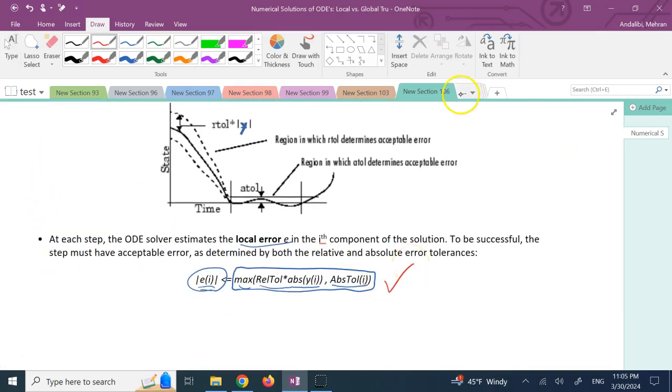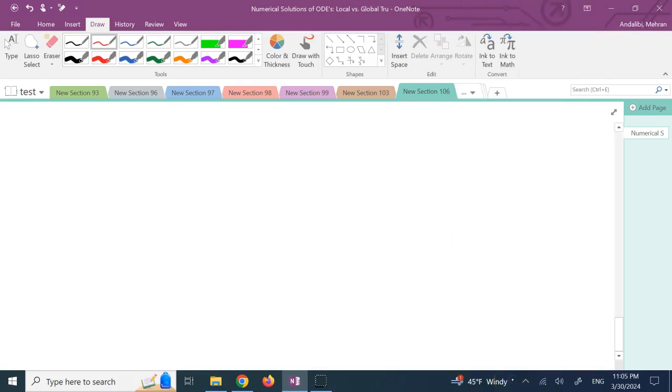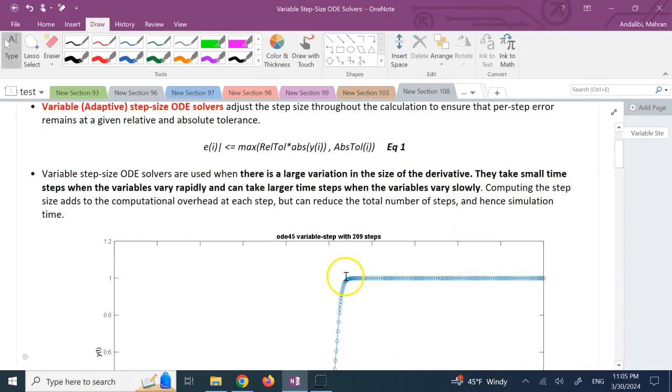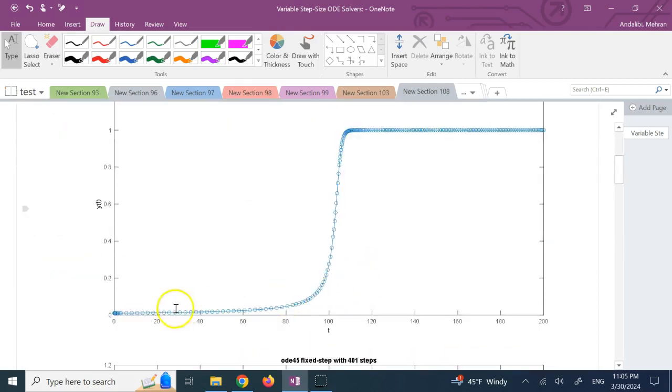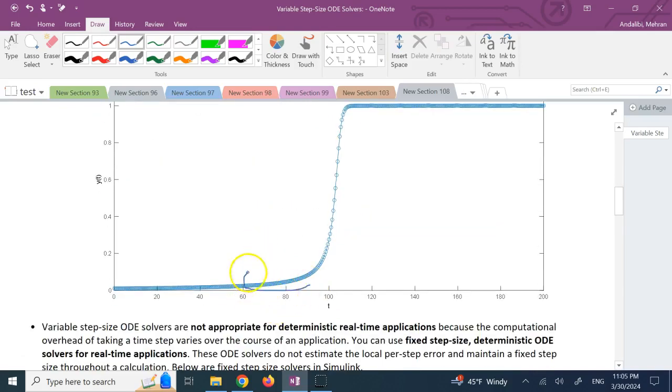That is our next topic. It is called variable step size, and we're going to see these amazing solvers, including ODE45. In some regions they use smaller step sizes, and in some regions they use bigger step sizes, as opposed to using the same step size all over the place.